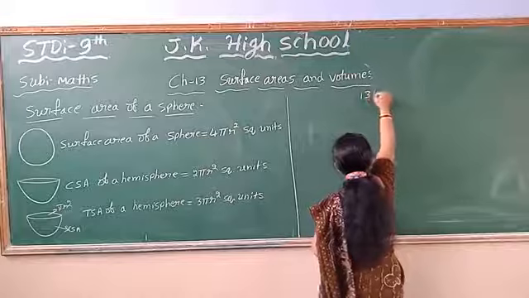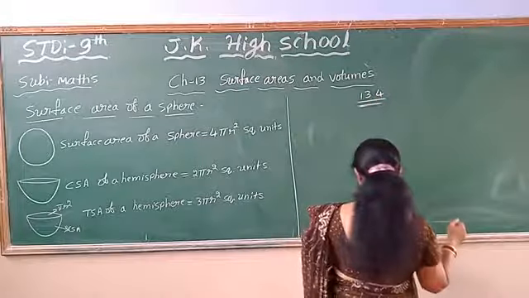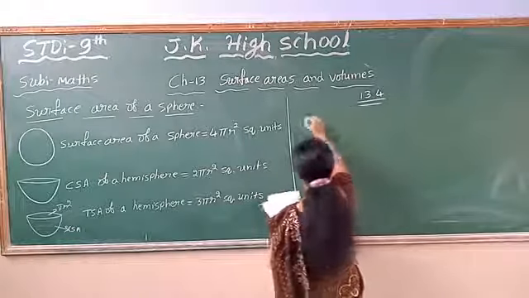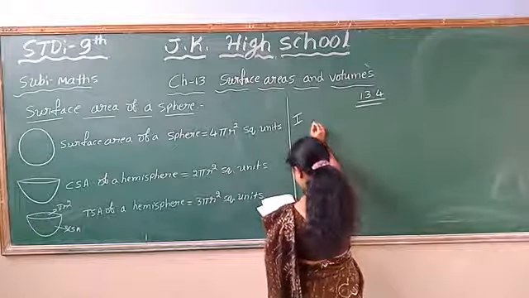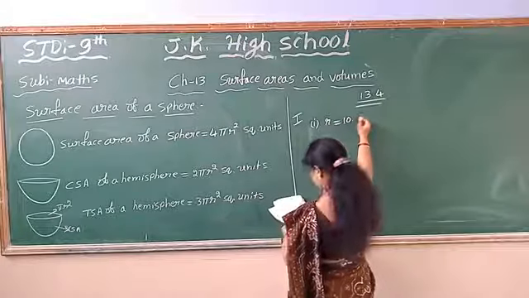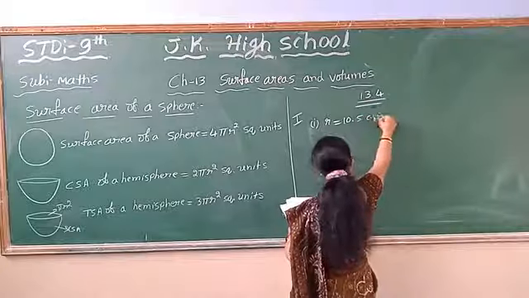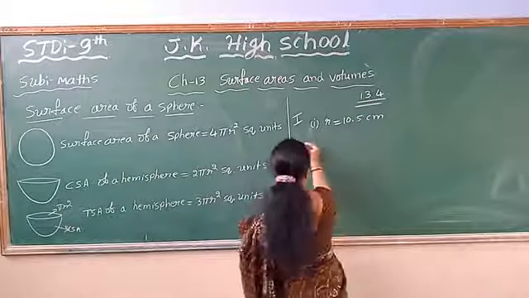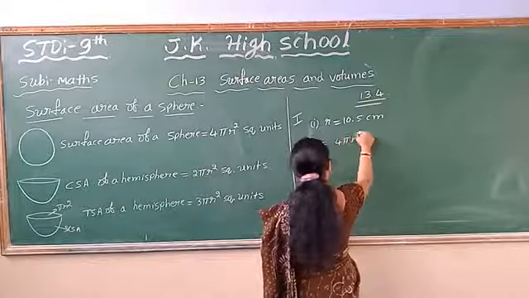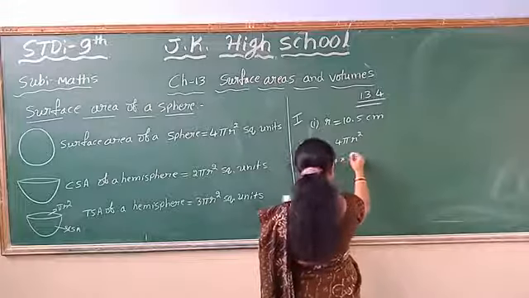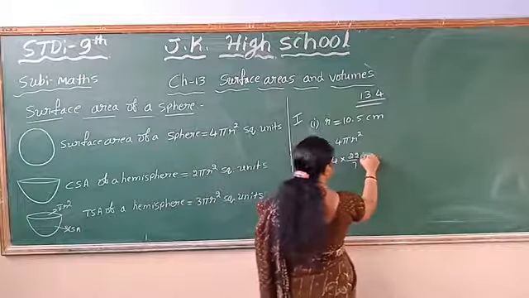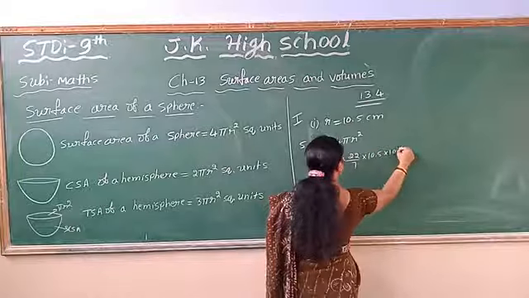In exercise 13.4, the heading is: find the surface area of a sphere of radius, and they gave the radius as 10.5 centimeter. Surface area of a sphere formula is 4 pi r square. Substitute the value 4, the value of pi is 22 by 7, and the given r value 10.5 into 10.5.